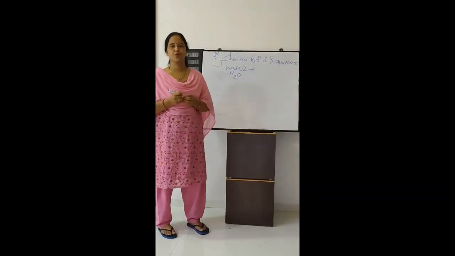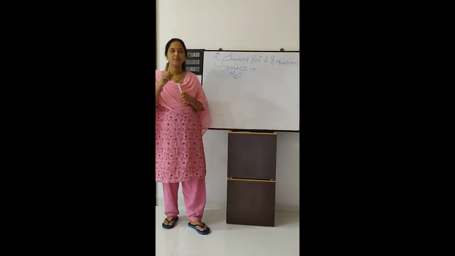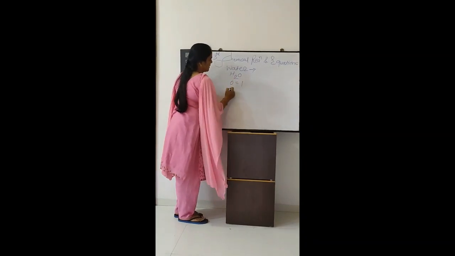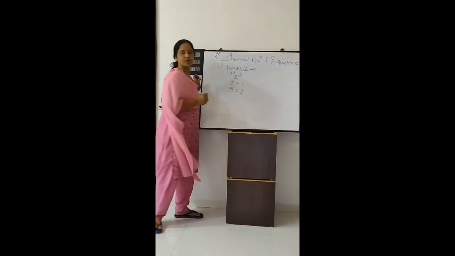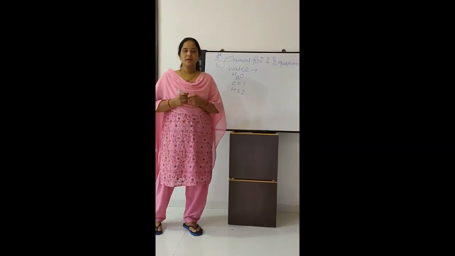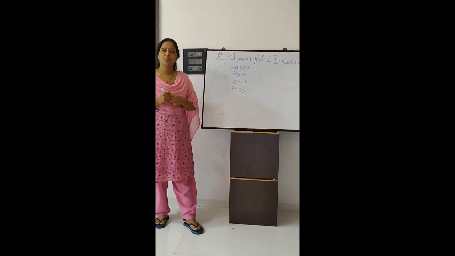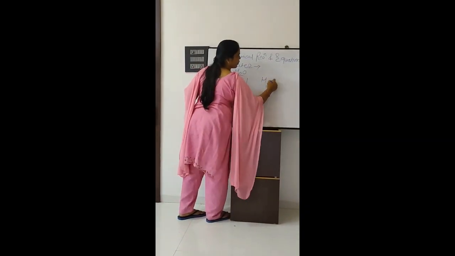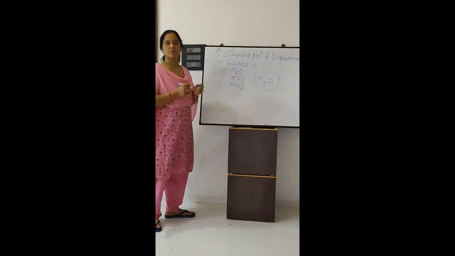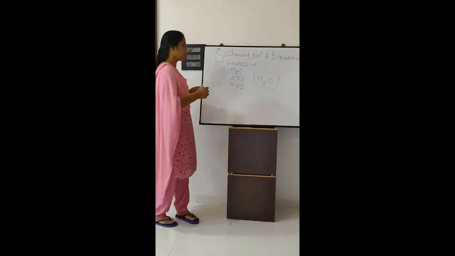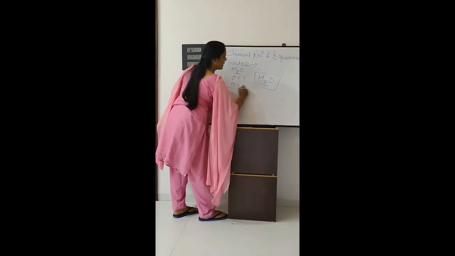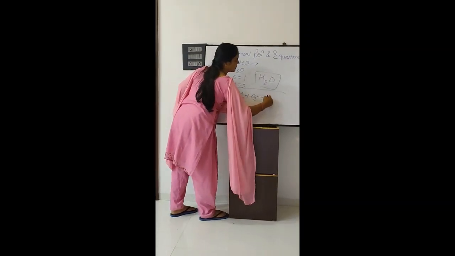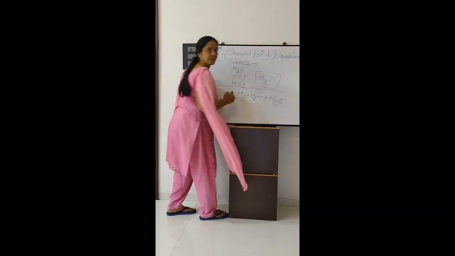When one atom of oxygen and two atoms of hydrogen are combined together, they form one molecule of water, which is H2O. This means you can correctly write H2O.